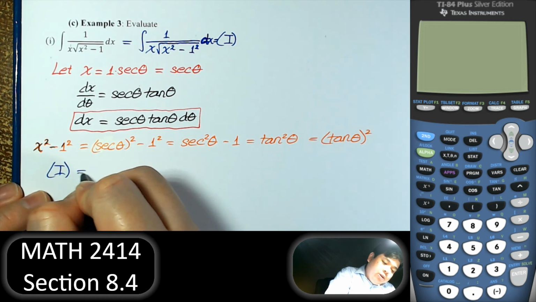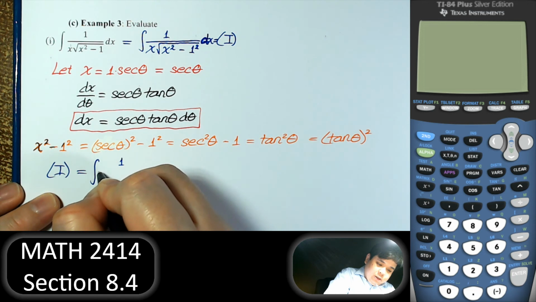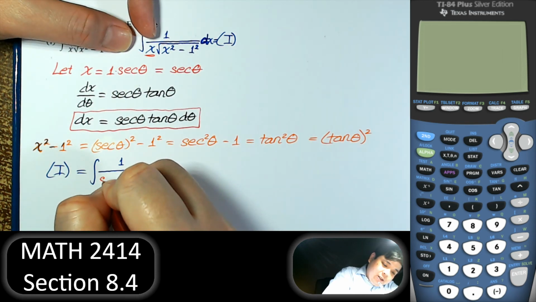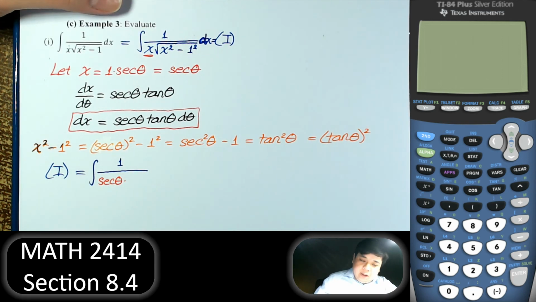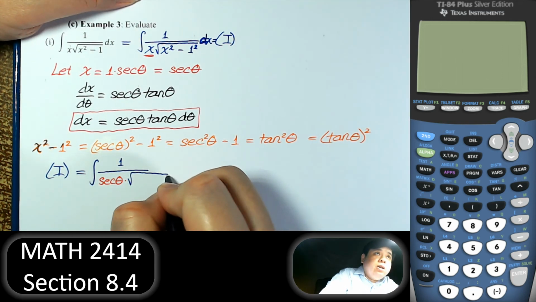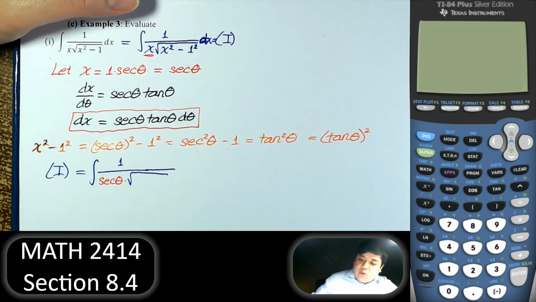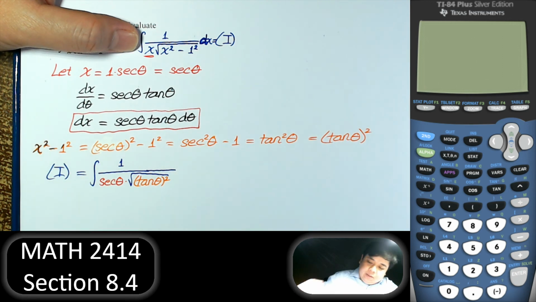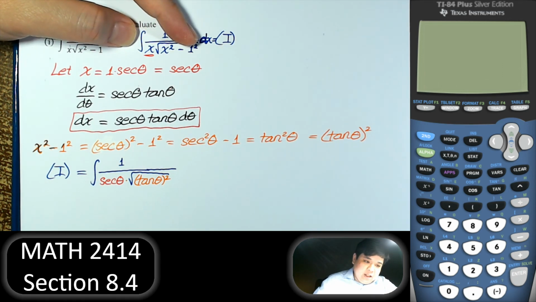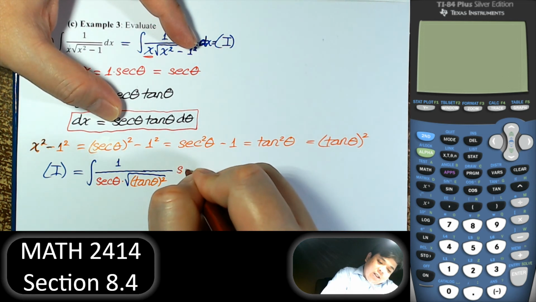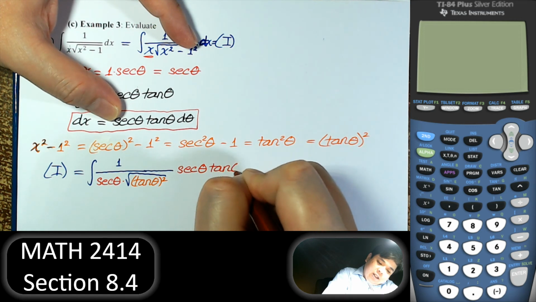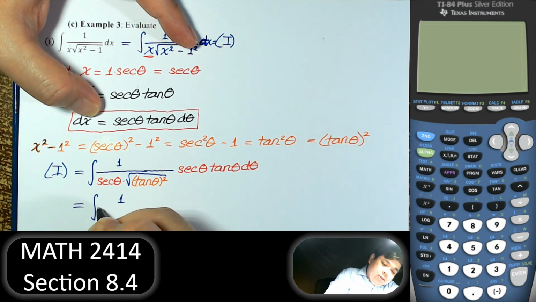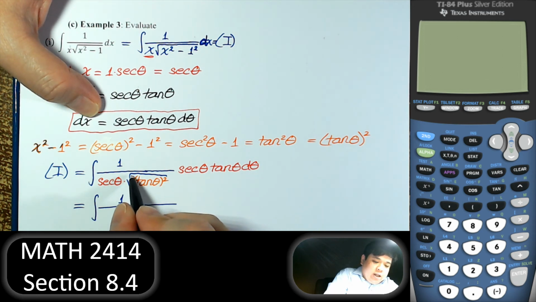So the integral equals 1 over x. We did let x equal to secant, and then we have the square root of x squared minus 1 square, that is the square root of tangent square, and dx is going to be secant tangent d theta. The square root of tangent square, that cancels out.